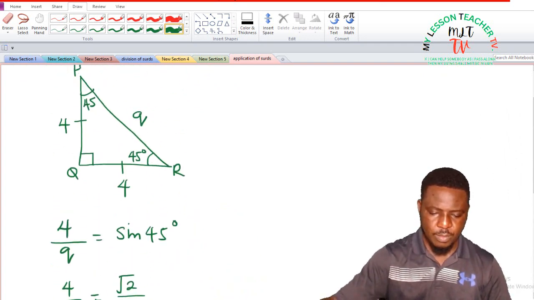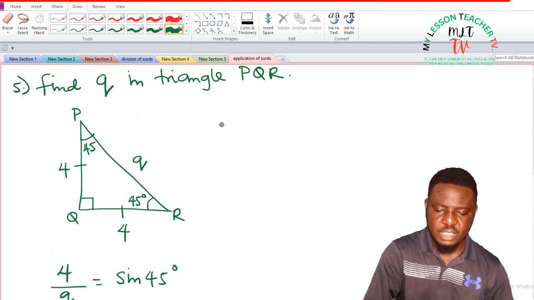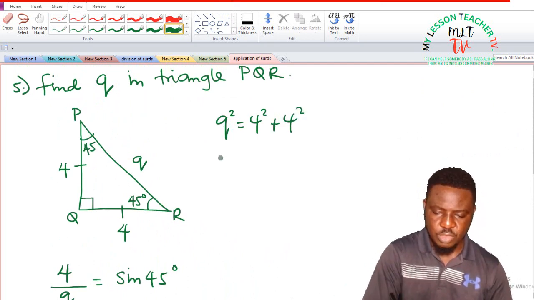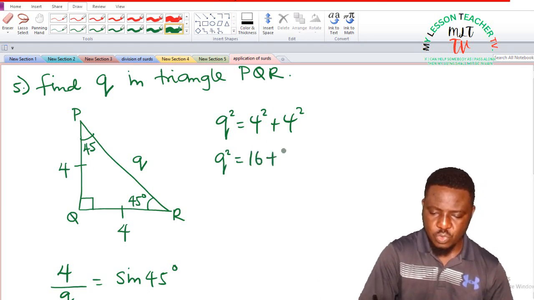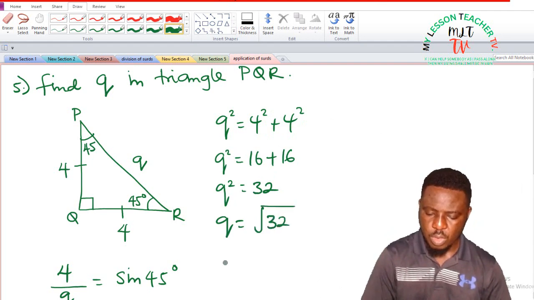You can also use Pythagoras theorem in solving this, for we have it that q squared is equal to 4 squared plus 4 squared. This gives us q squared is equal to 4 squared is 16 plus 4 squared is 16. So our q squared is equal to 32. While q is said to be the square root of 32.